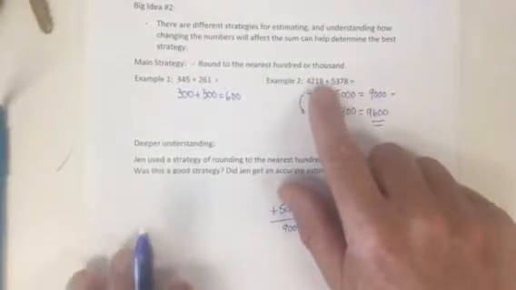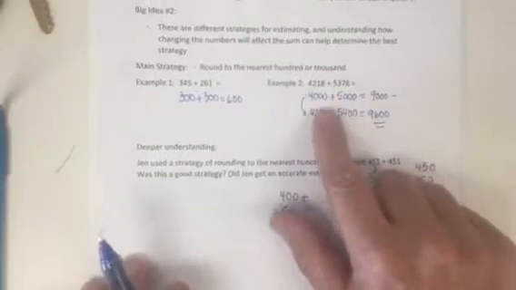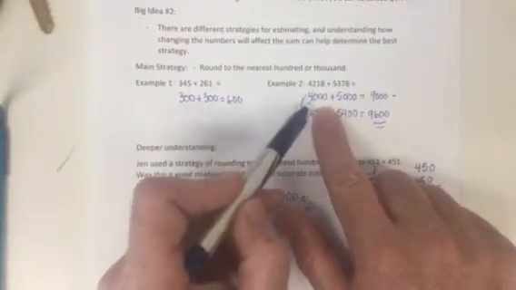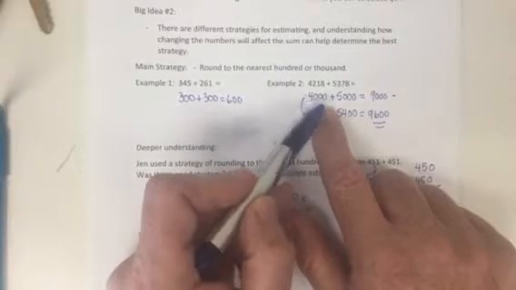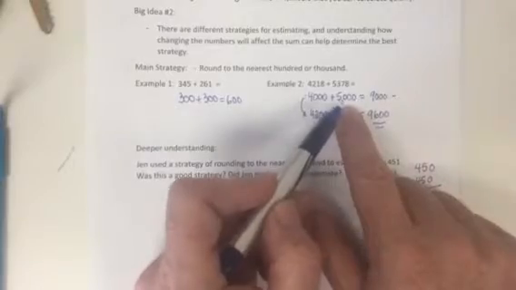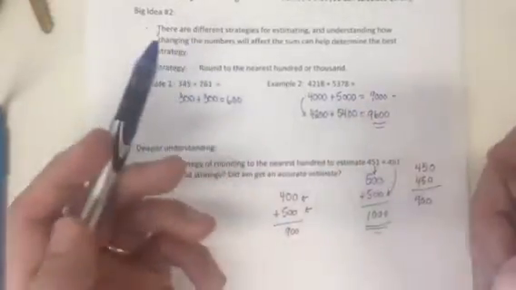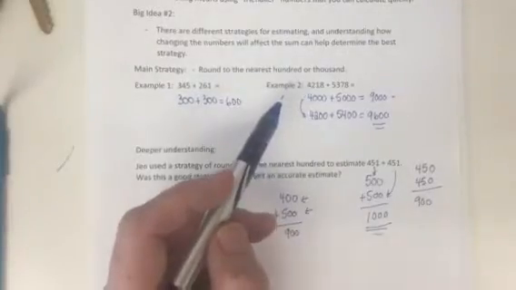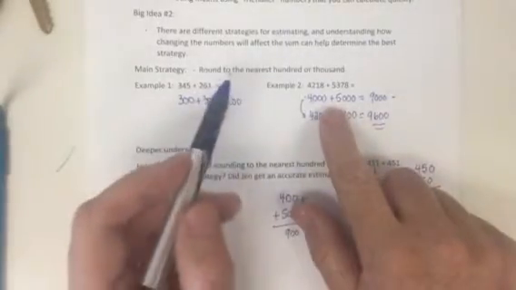This example up here is a very good example. Same idea. If I'm using the strategy of rounding to the nearest 1,000, I'm rounding down by a little bit more than 200, and I'm rounding down here by almost 400. So I'm going to be about 600 off of the correct answer, which is not a very accurate estimate.